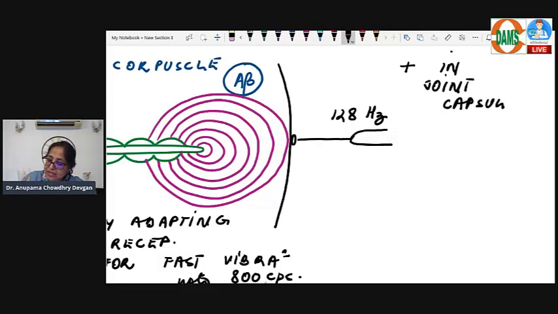So they helped to detect vibration on bony prominences. They also have a deep location. Pacinian corpuscles are located deep in muscles, fasciae.